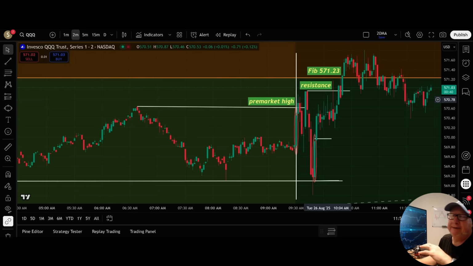In my other videos on this trade, I've tried to use the simplest one, which is the pre-market high as a target. You can use that if you want to just keep it super simple. But again, if you want to add just a tiny bit of complexity, overlay those Fibonacci numbers from the daily onto your 2-minute chart, and you can use those as targets.